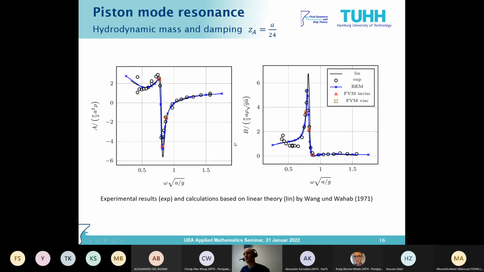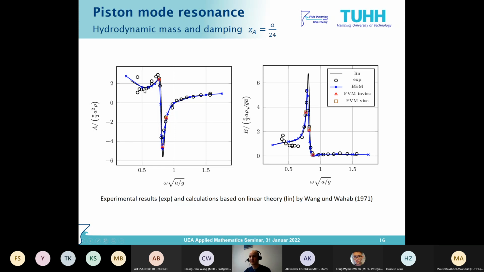The first thing we looked at are hydrodynamic mass and damping coefficients. We of course get time-dependent results, and we do a Fourier analysis of those time-dependent results. From the first order Fourier coefficients we can calculate the hydrodynamic mass and the damping and compare those with the published experimental values.